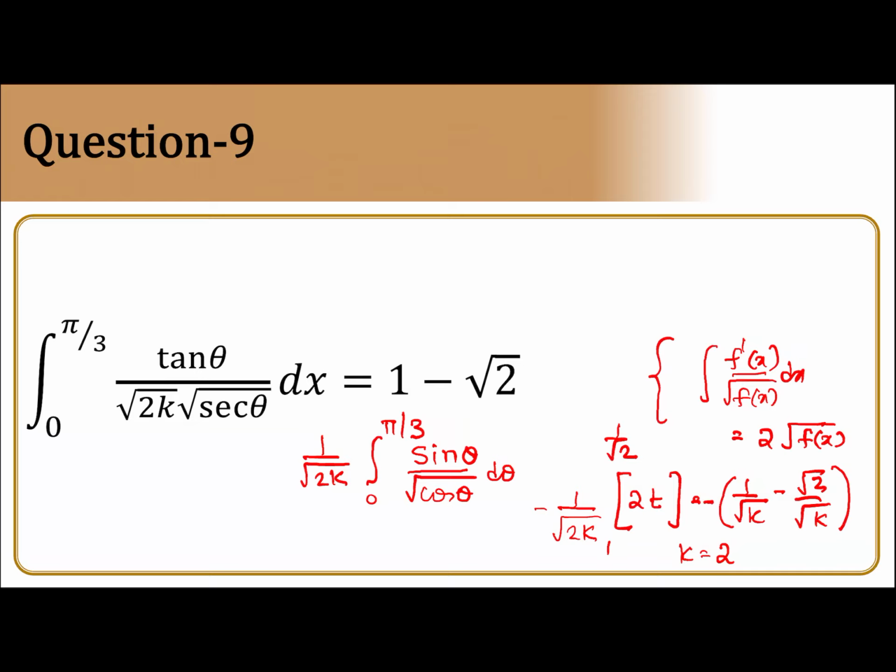So directly you can apply the integral of f dash x by root f of x is 2 root f of x. Most of the students make a mistake when they evaluate it by substitution. For this we took this problem.